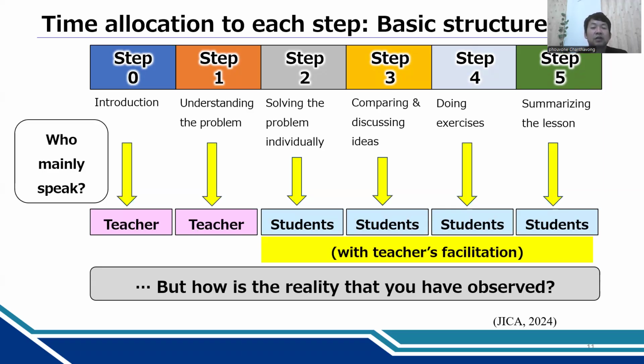It is expected that the teachers should take the main role, helping students understand the problem or introducing a previous lesson. Students are expected to do steps 2 to 5 themselves, facilitated by the teacher. This is the concept of the problem-solving approach.